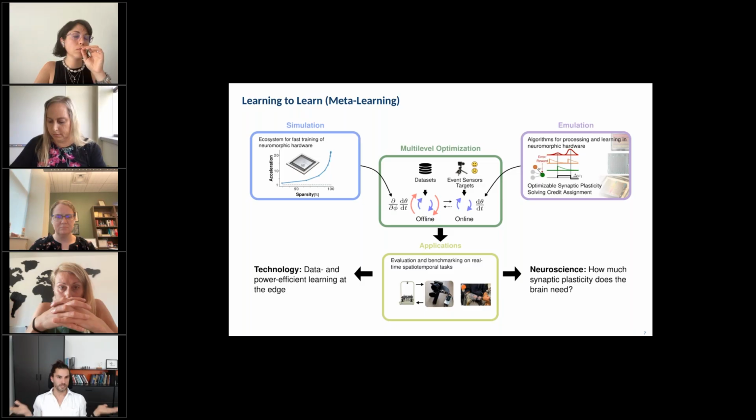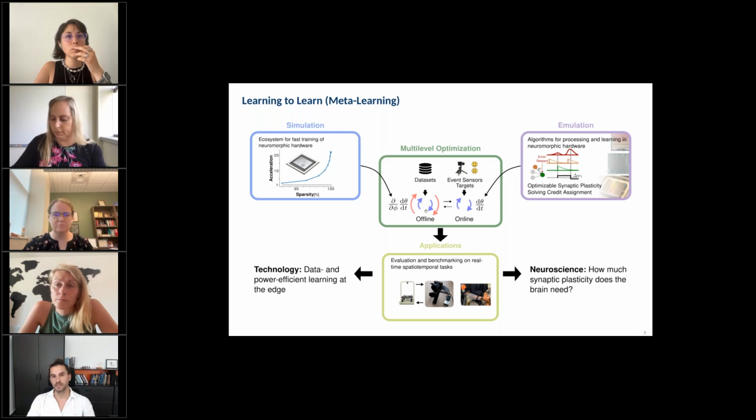So one way to do this is so-called meta-learning, where essentially you build into your simulation environment a simulation of your hardware system. I talked to you about learning synaptic plasticity. So for example, we can have a model of the synaptic plasticity rule inside this offline loop.